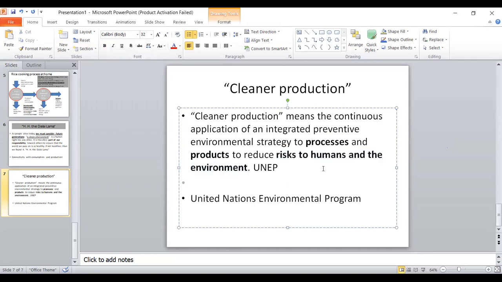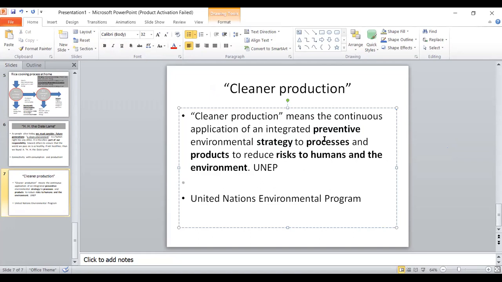So there should be preventive strategies applied to processes and products to reduce risks to humans and the environment.